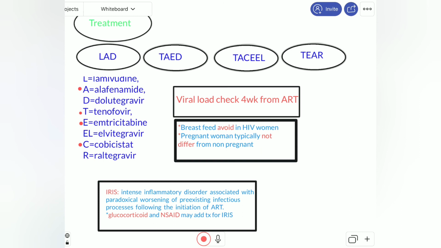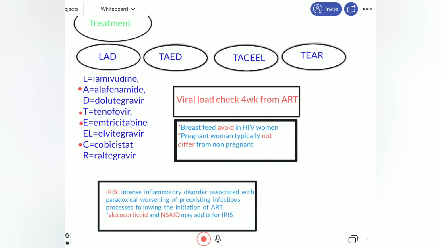What about IRIS? IRIS means immune reconstitution inflammatory syndrome. It is a condition seen in HIV patients. It is an intense inflammatory disorder associated with paradoxical worsening of a pre-existing infection. A pre-existing subclinical infection will appear after ART treatment.